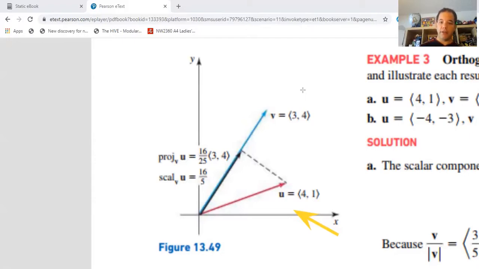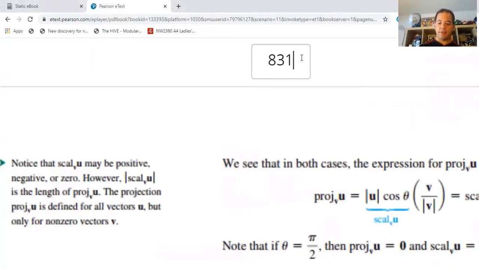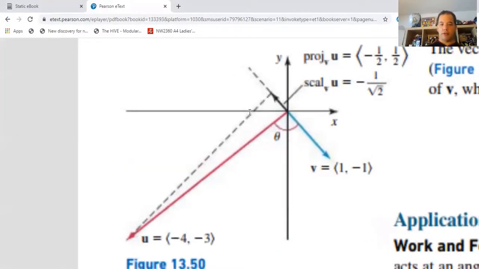Okay, and then the other one is on the next page, the second one we did. So let's go to the next page. Good, so here it is. This time we were projecting this red vector onto the blue one.